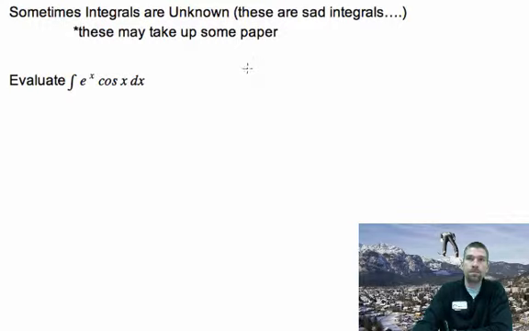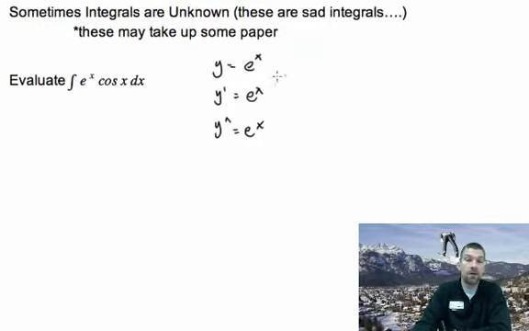Number one, if I have y equals e to the x and I take the derivative, I get e to the x. And if I take the derivative of that, I get e to the x. On the other hand, if I integrate all of these, they integrate to e to the x. With cosine x, if I take the derivative, I get negative sine x.